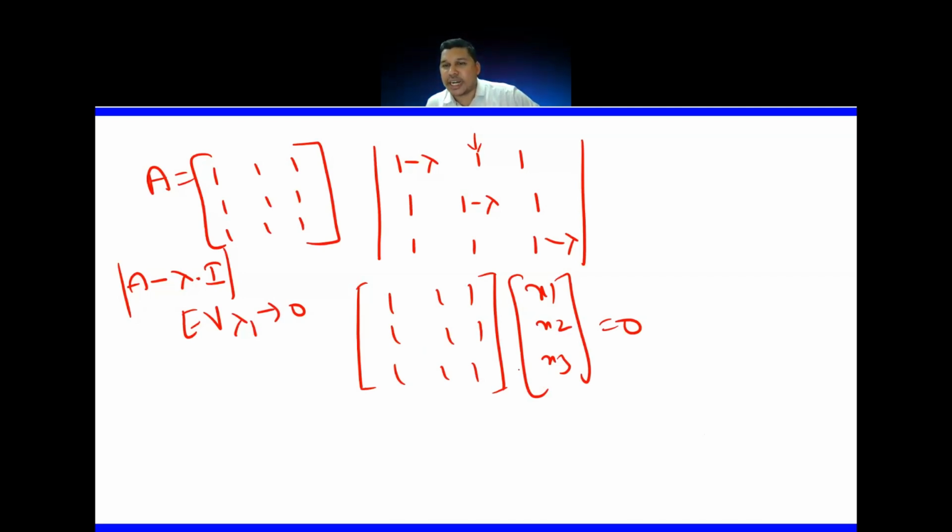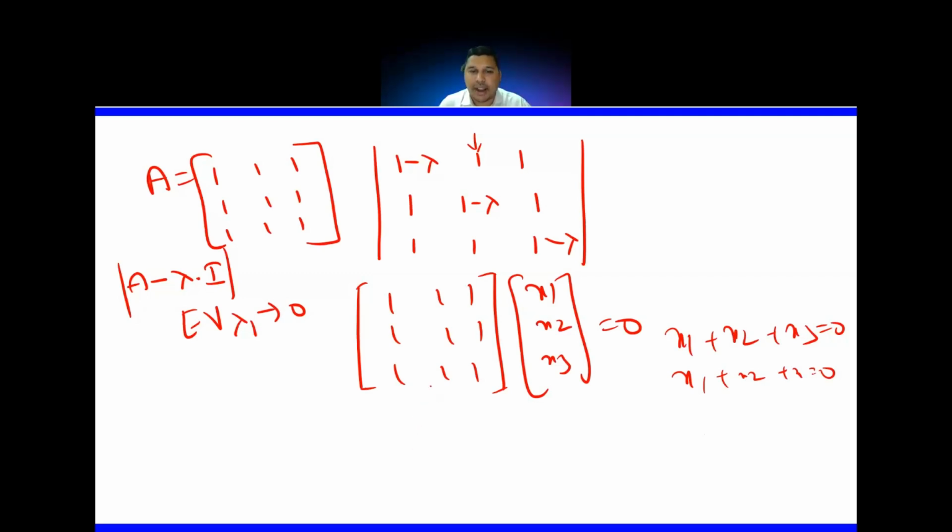Even if you apply Cramer's rule, you may not get the proper solution, because you have 3 equations: x1 plus x2 plus x3 equal to 0, again the same. Even if I determine, everything is 0, right? So here we have an infinite number of solutions. One way you can do this is to assume one value to be 0.